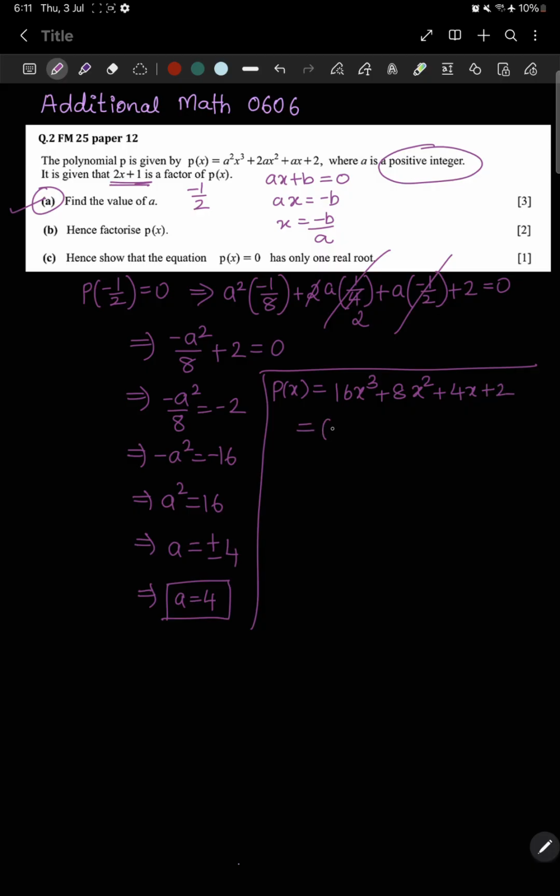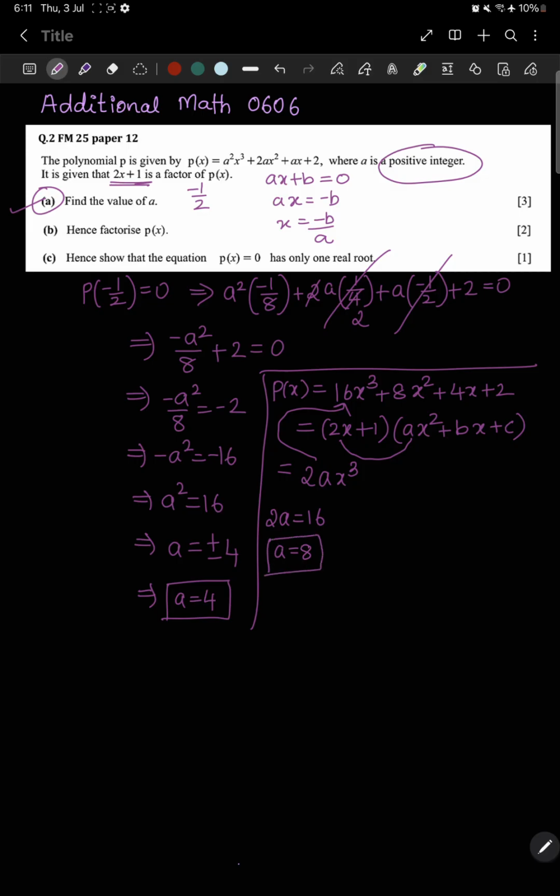I already know that 2x plus 1 is one of the factors, so I write the remaining as a quadratic in terms of unknowns, ax squared plus bx plus c, and now I compare the coefficients with this cubic. The first coefficient I need is for x cubed, which I get by multiplying these two terms, so I get 2a x cubed. If I compare it with this, I get 2a equals 16, which means a is equal to 8.